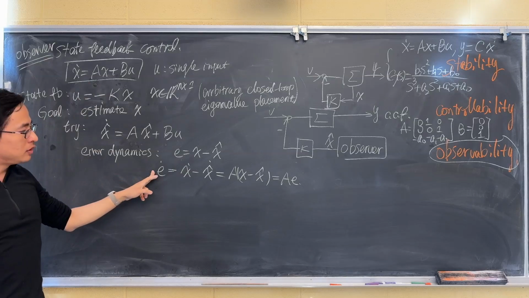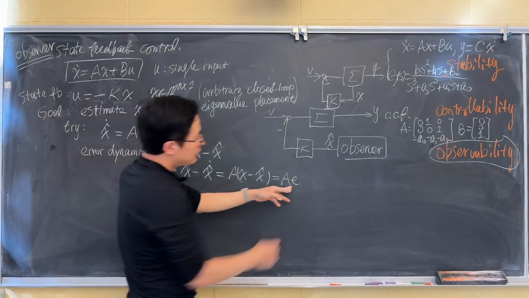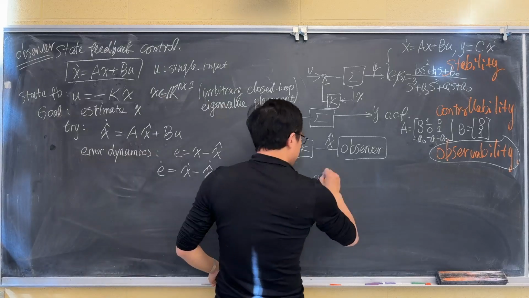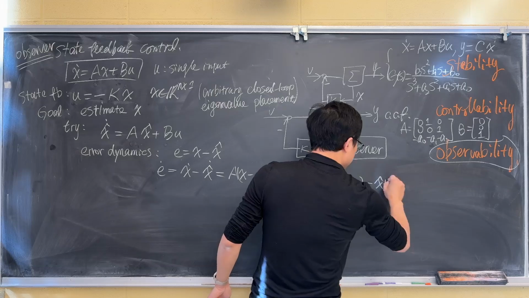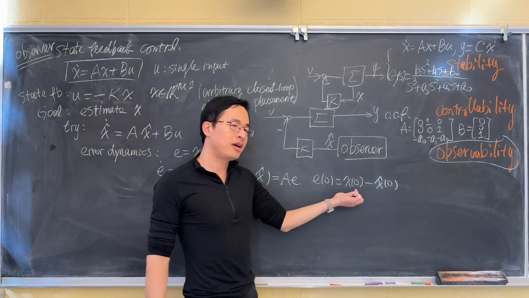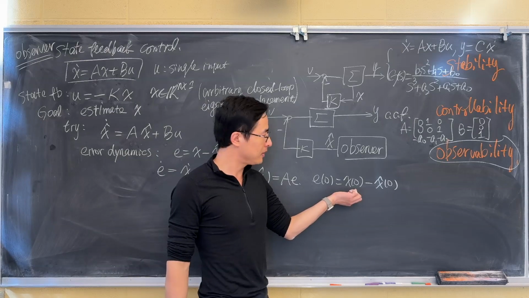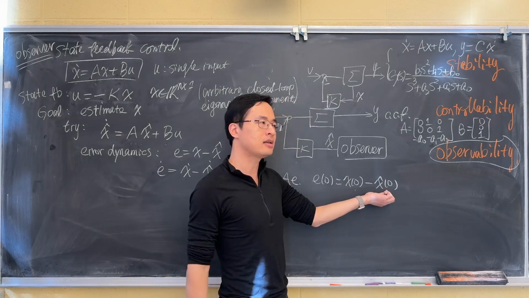So you have a dynamic system, and the initial condition is E0 equals X0 minus X hat 0. X0 is whatever initial condition the system has. X hat 0 is your initial state estimate.